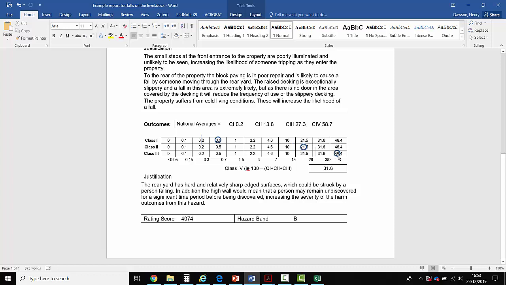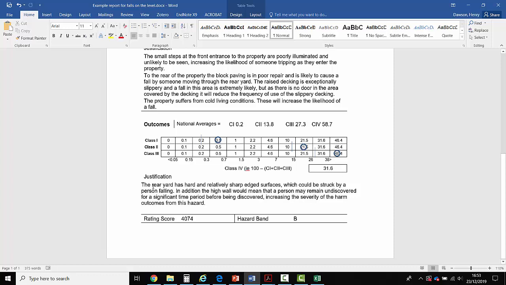And finally, it's a 46.4% chance of class 3 outcomes as opposed to 31.6%. So in just the same way as we described before, we've got to add up 0.5, 21.5, and 46.4 and subtract it from 100 to give us the percentage of class 4 outcomes, which in this case is 31.6%.